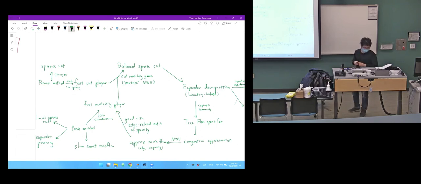Do you recall the deterministic algorithm for the cut player? What does it need? So the deterministic algorithm for the cut player just calls balanced sparse cut, right?